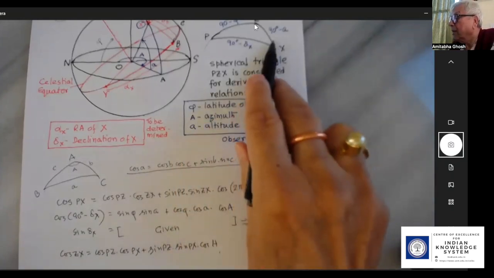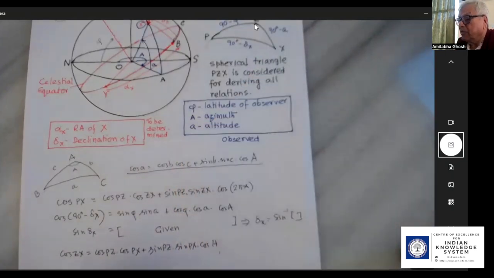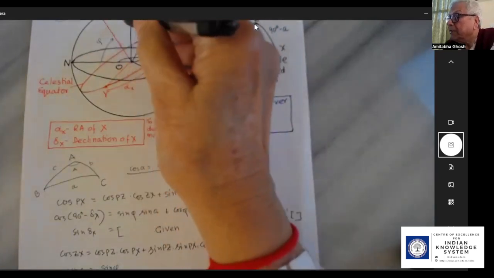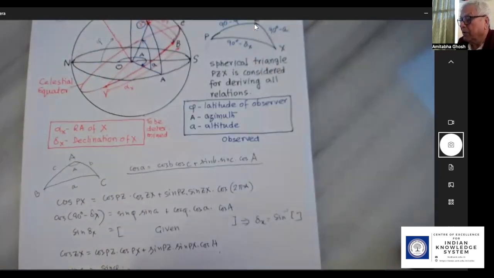Zx is 90 degree minus A. So it will be sine A is equal to cosine Pz will be sine phi. Cosine Px is equal to sine delta x plus cosine phi into cosine delta x into cosine h.